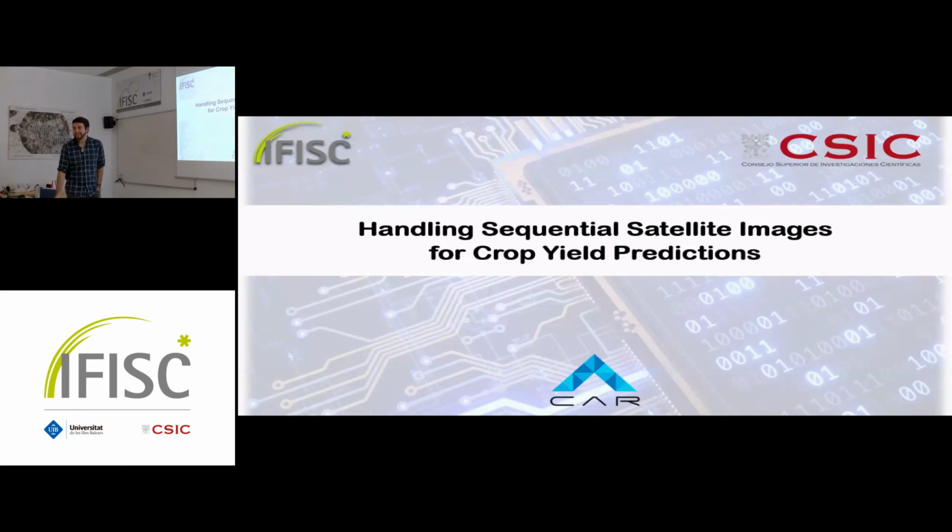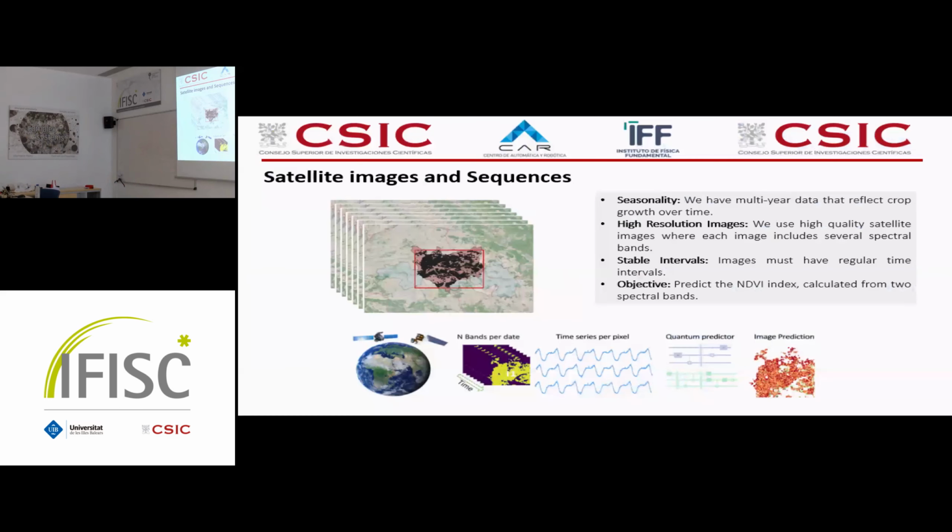Then we went for another use case, which is the sequential satellite images for yield crop predictions. We have been working until now with only 3 bands as RGB, but satellite images have like 13 bands, which is harder.